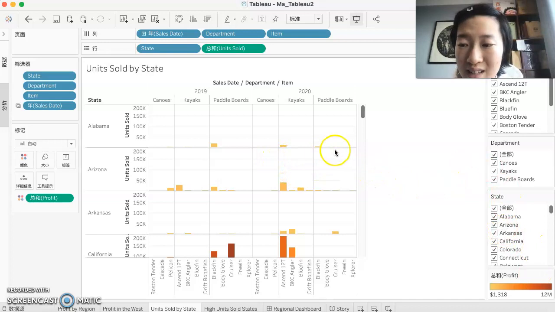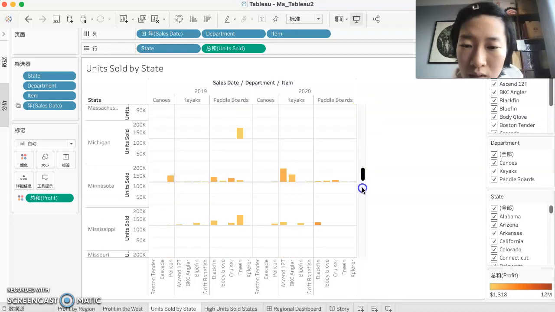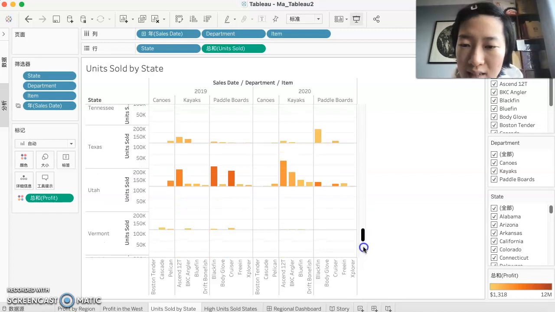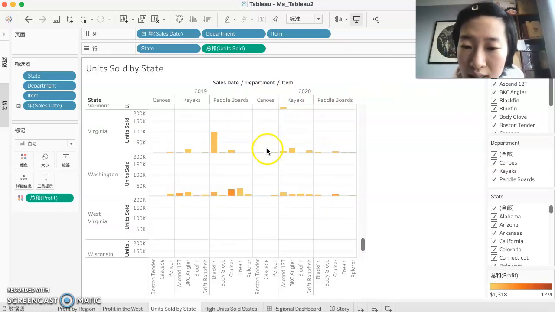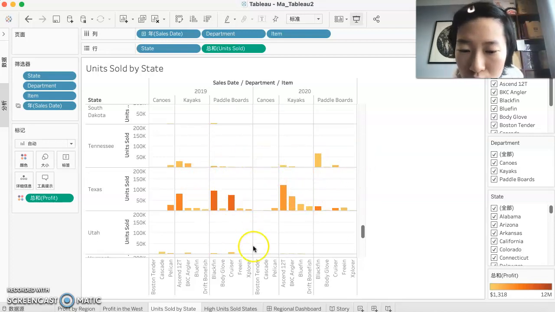With this visualization, it is really easy and convenient for me to find out that California, New York, and Texas, these three has high units sold. At the same time, the profit of them is also high.